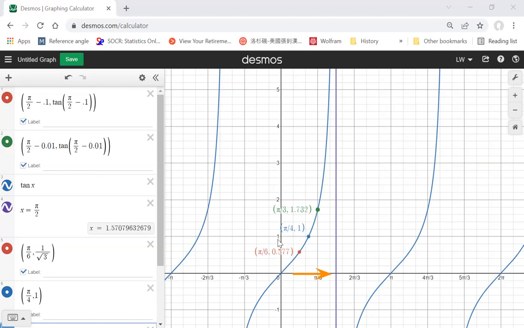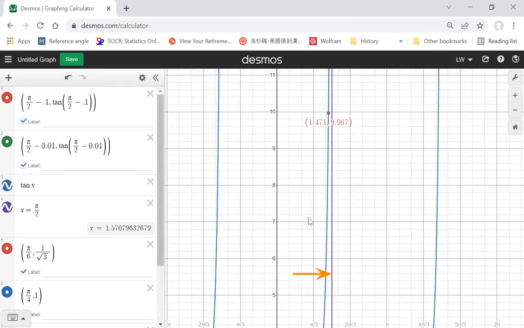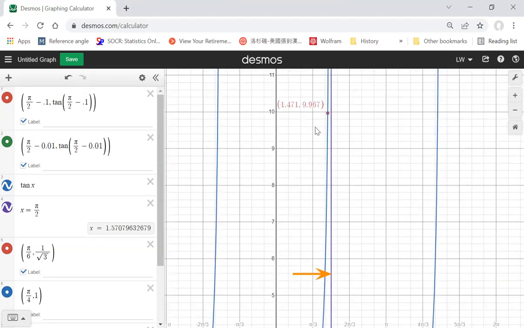On the Y scale, you see 1, 2, 3, 4, 5, and if we just keep going up, oh, there's 1 here. That's the tangent of pi over 2 minus 0.1, the red dot right there.